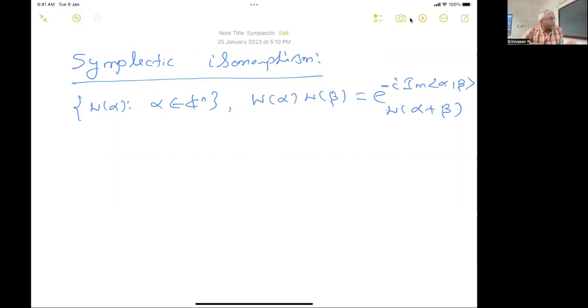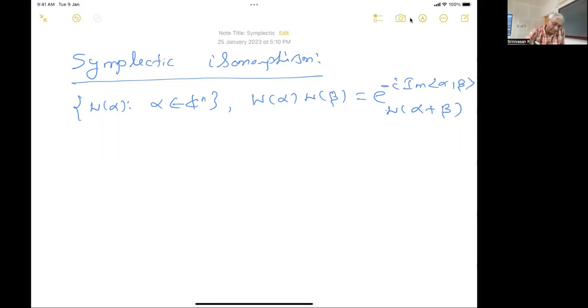So a symplectic operator is something which gives another representation of this Weyl relation, but on the same finite-dimensional space, with the same n, which you can call the rank of the representation, with the same index.